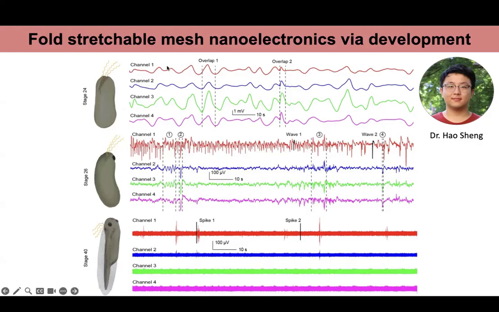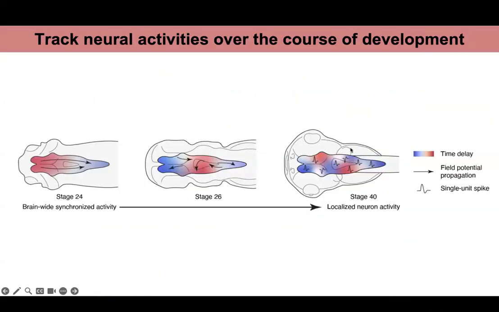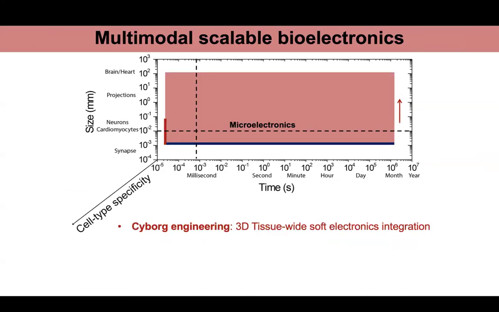At the neural plate level, we can measure this global synchronized but slow activity, and the activity gradually decoupled into brain region specific fast calcium-like activity, and ultimately generates single unit action potentials, which allows us to really map how the brain activity evolved over development. So this tissue level soft electronics plus the cyber engineering really allowed us to distribute the sensors across a 3D brain tissue.